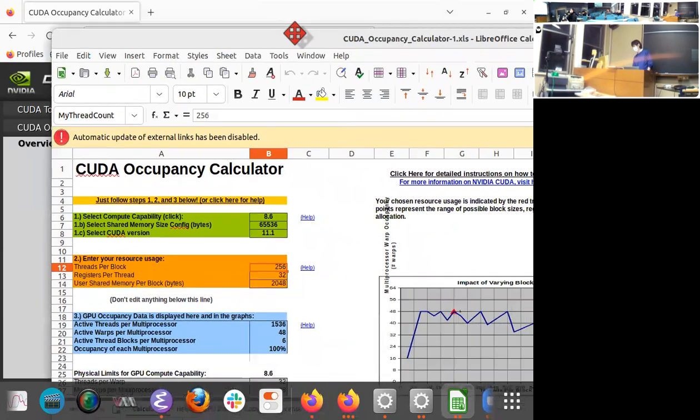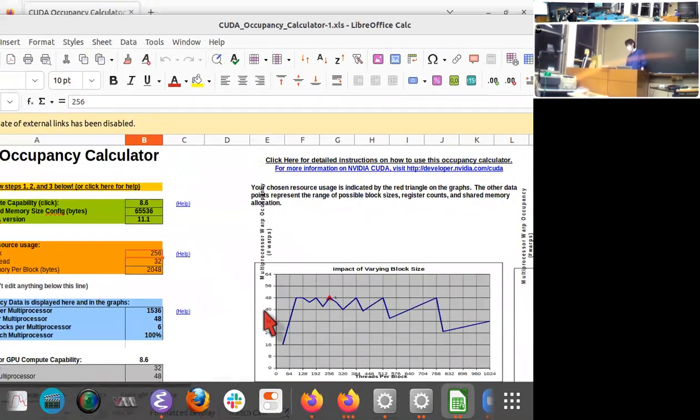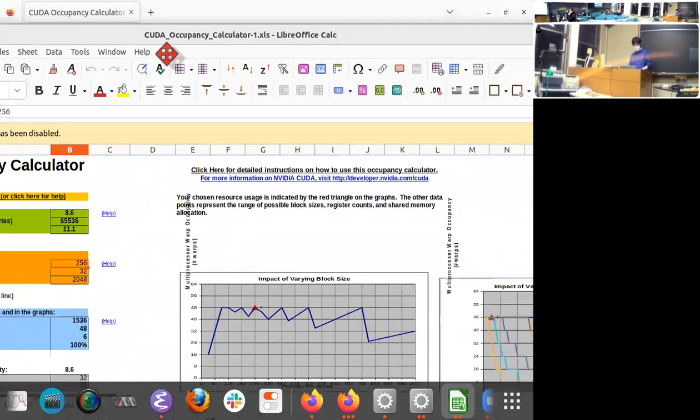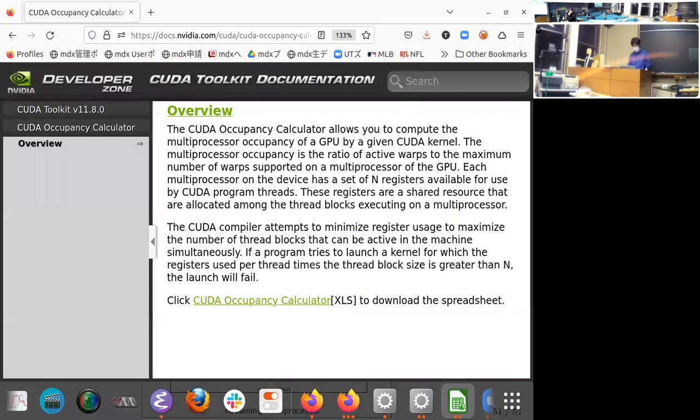Then it calculates how much of the streaming multiprocessor resources this program is able to utilize, so you can have an approximated view of the parallelism you have on each streaming multiprocessor.